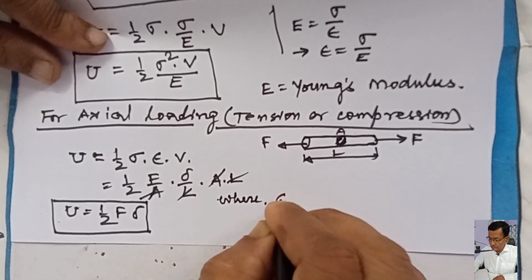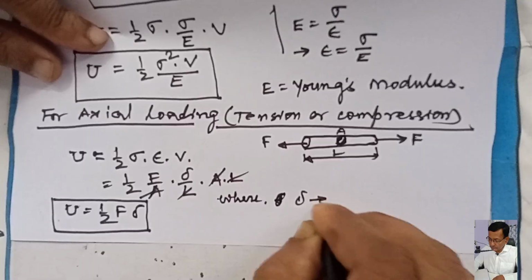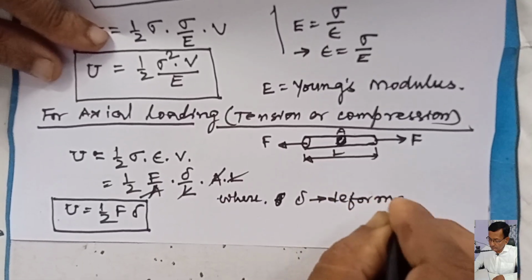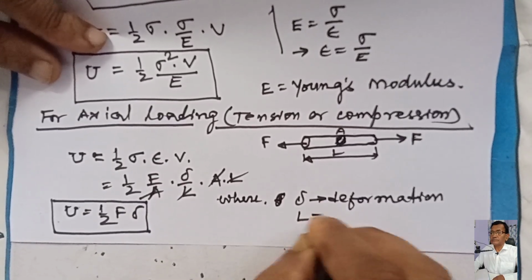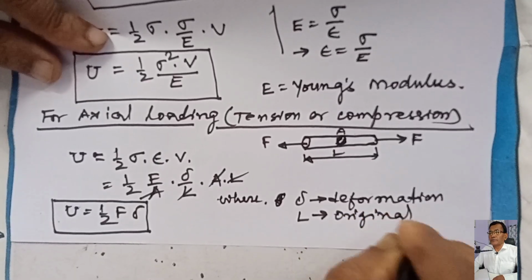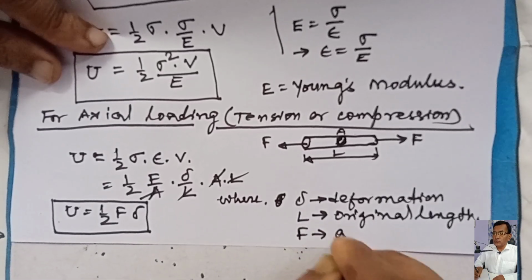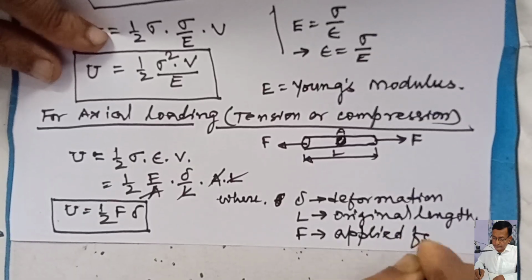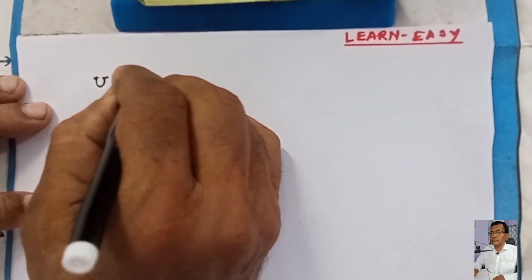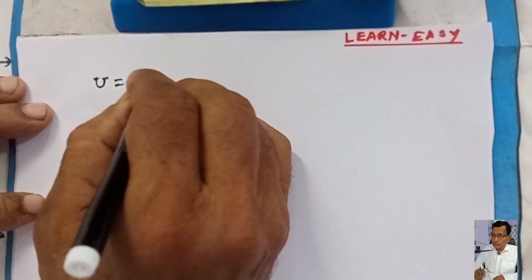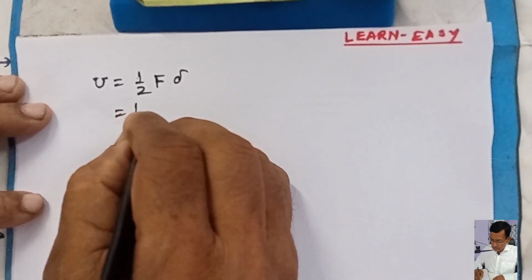where del is deformation, L is original length, F is applied force. Now, U is equal to half F del.